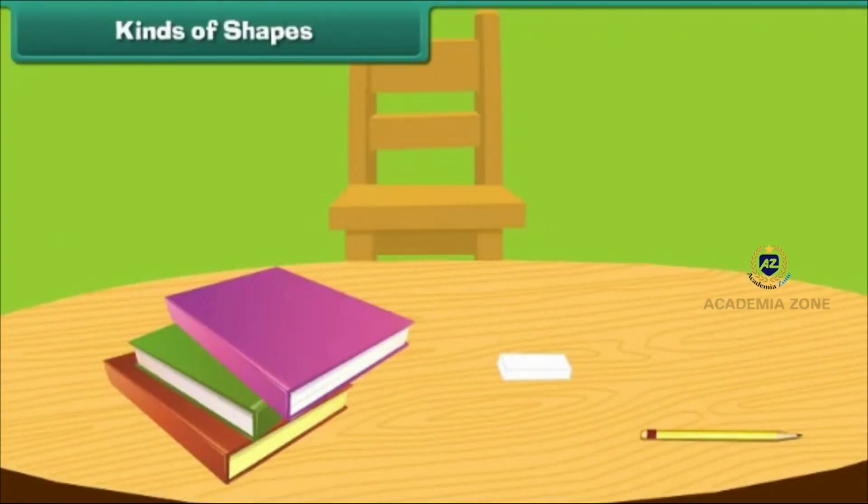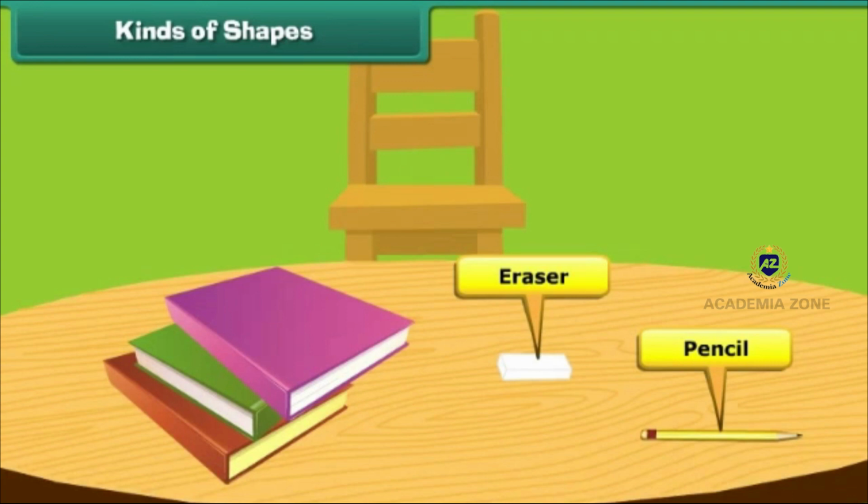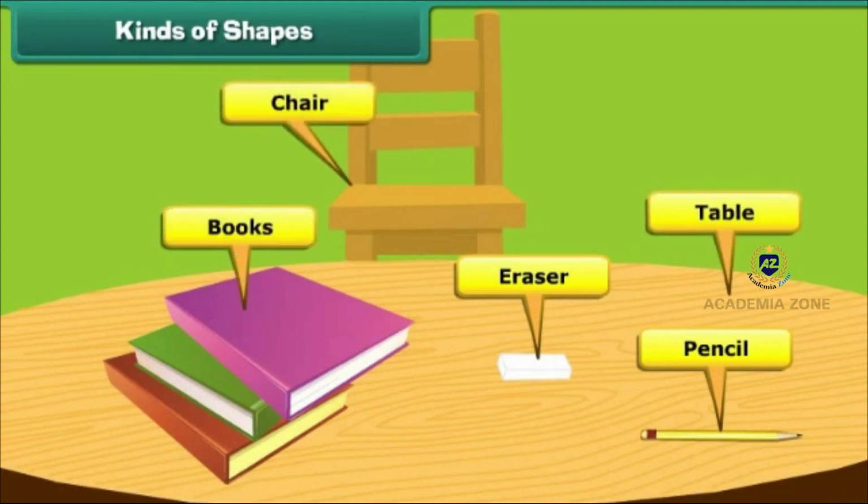We see different shapes all around us: pencils, erasers, tables, books, chairs, etc. They are called solid shapes.